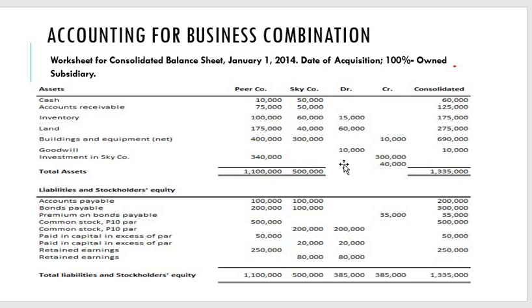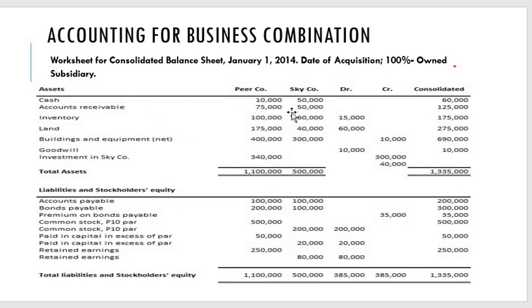Okay? So, for the consolidated column of our worksheet, what we do is just add the accounts, no? So the cash of Peer plus the cash of Sky, that's 60,000. There are no entries for cash in the working paper, that's 60,000.